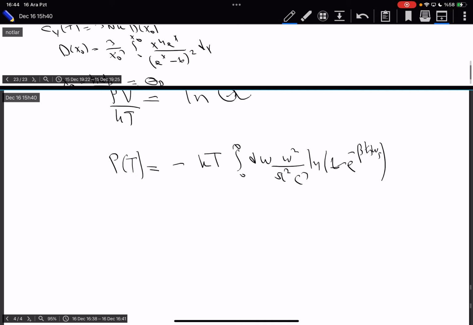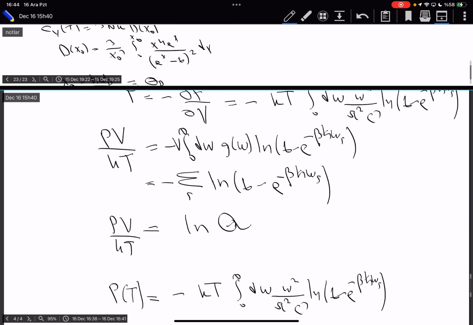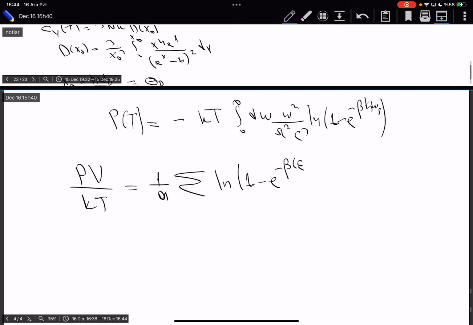So we could have as well started with grand canonical ensemble with photons, right? Yes. You see, if you look at this expression over here, when we were looking at identical particles, we had already shown that PV over KT is equal to 1 over A sum over the logarithm of 1 minus e to the power minus beta epsilon minus mu.